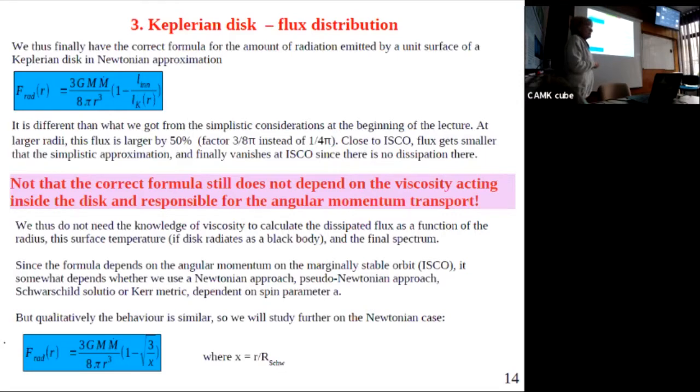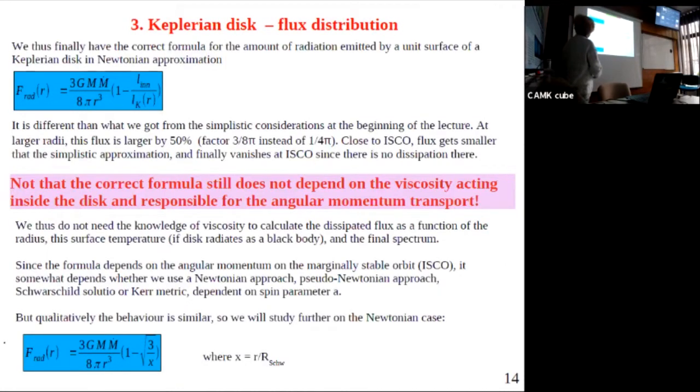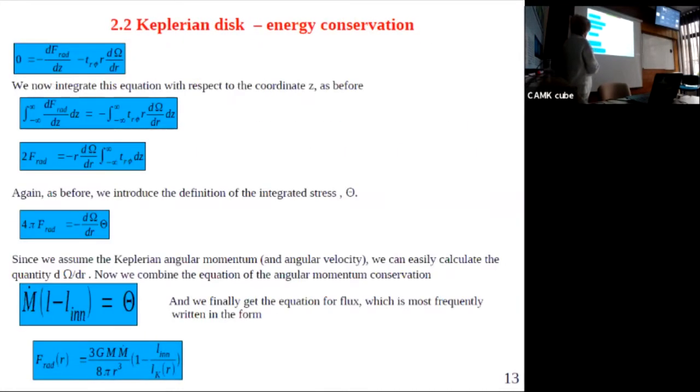Sorry, I didn't understand one thing. So even without the knowledge of what the stress tensor is, how can we get this formula? This is what happens. You have two expressions. Here you have theta. Here you have theta. You put this into that, or that into this.